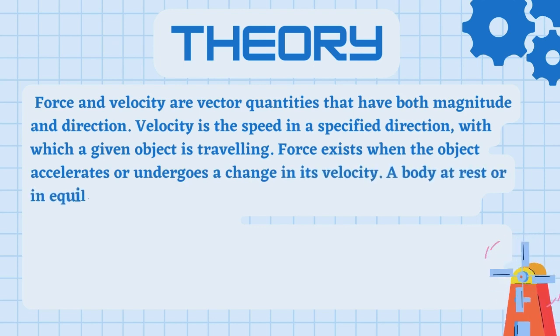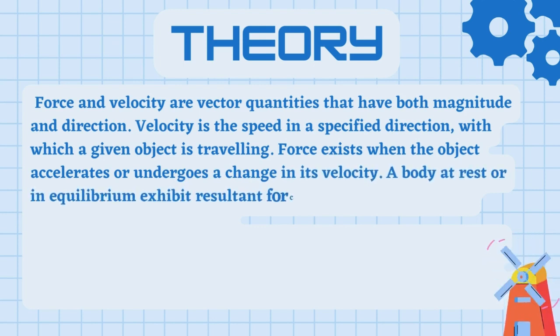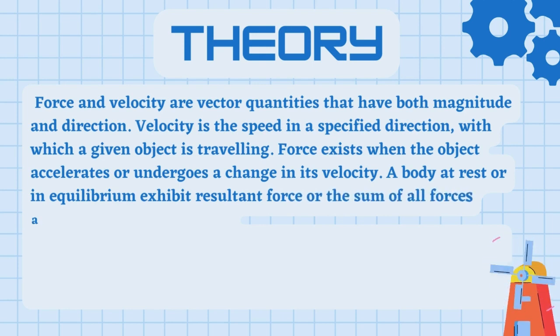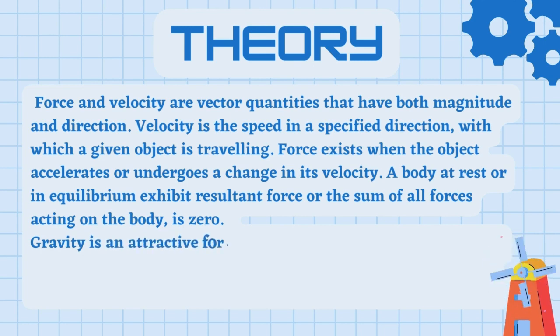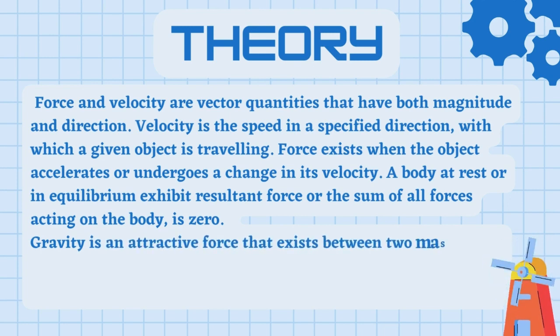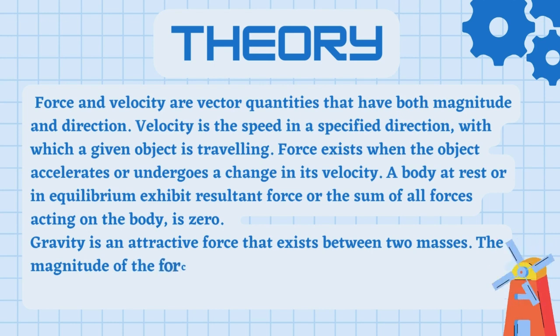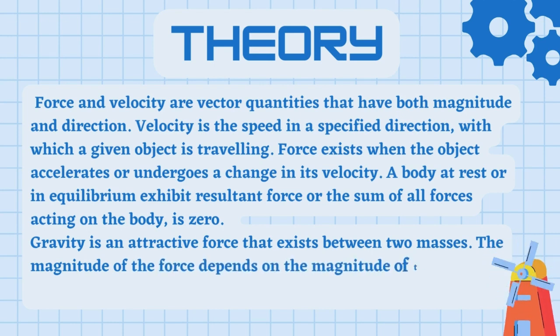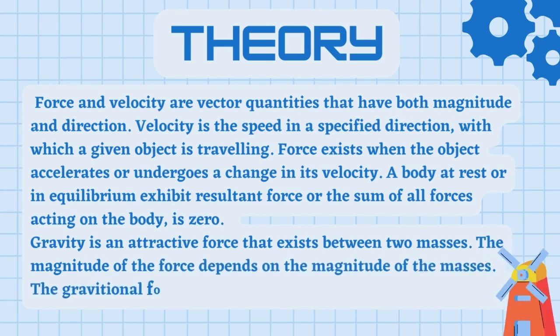A body at rest or in equilibrium exhibits a resultant force, or the sum of all forces acting on the body, that is zero. Gravity is an attractive force that exists between two masses. The magnitude of the force depends on the magnitude of the masses.